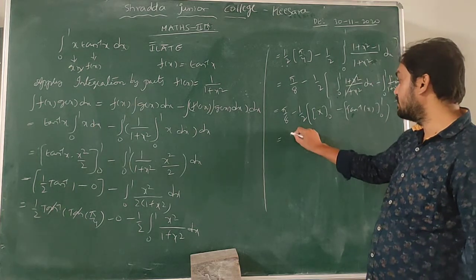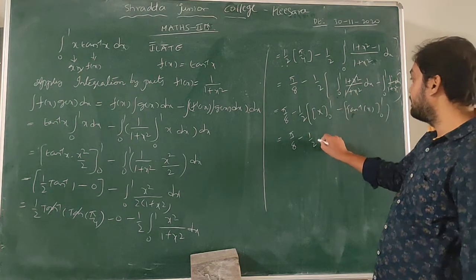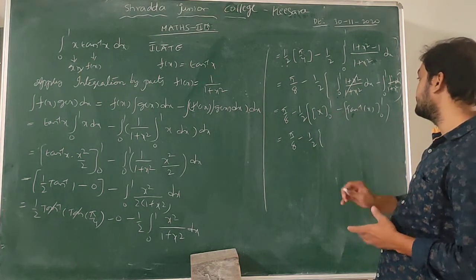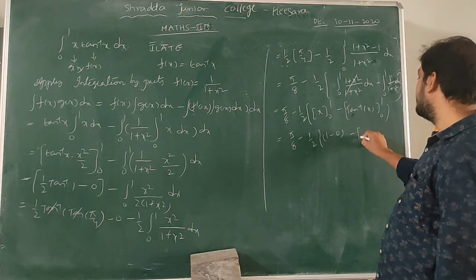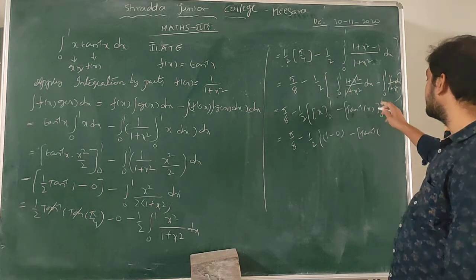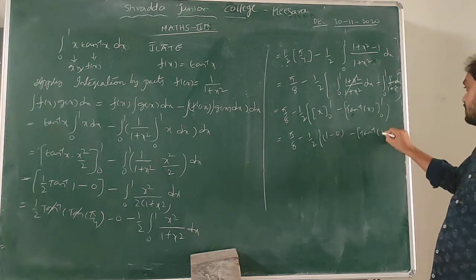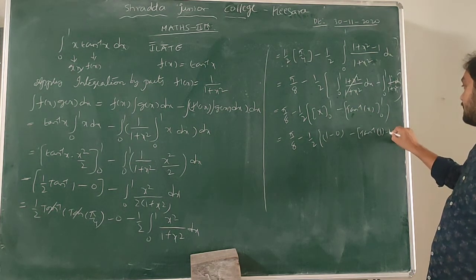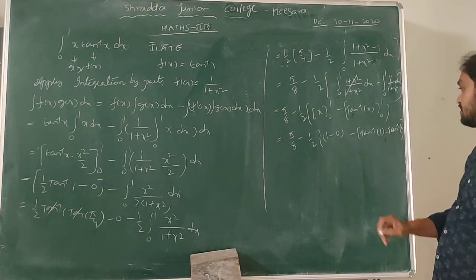So now this is equal to pi by 8 minus 1 by 2. What are the limits here? 1 minus 0. Now minus here tan inverse, substitute in place of x. What is that upper limit? 1. That is 1 minus tan inverse x means 0.